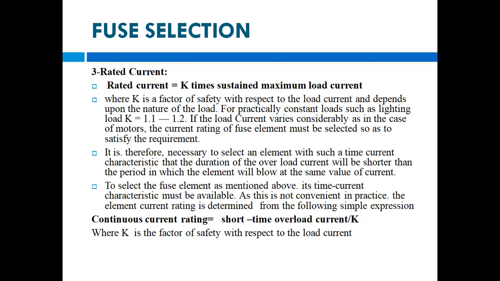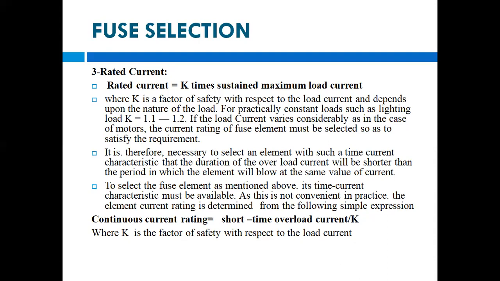the current rating of the fuse element must be selected so as to satisfy the requirement. If the current is increasing, that should be borne by the fuse. As in the example I gave, for motors, if the load increases, the current flowing through it also increases.